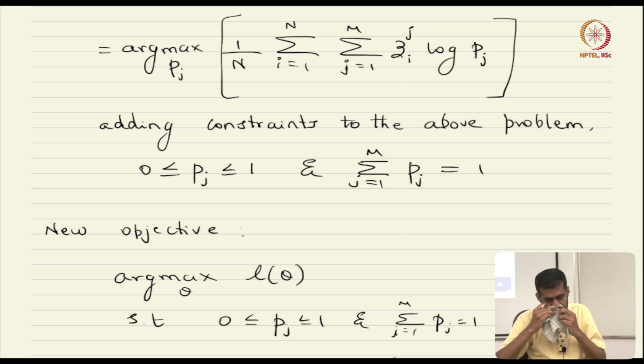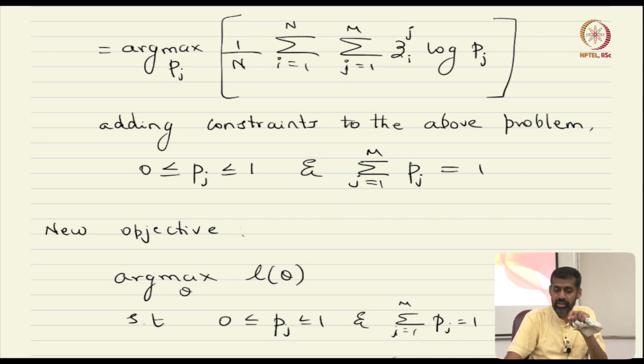Now tell me what Pj maximizes this. See, if we have to look at this function, Zi can only take values 1 and 0, which is non-negative, and Pj, because they are probabilities, are also between 0 and 1. Now there is no negative number here, and the function that we are considering is monotonic, which is log.